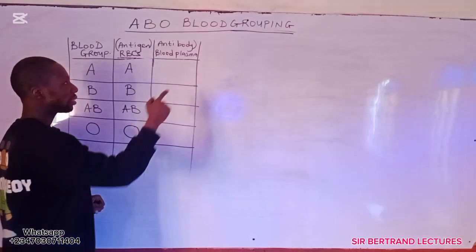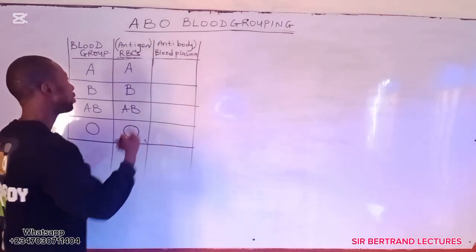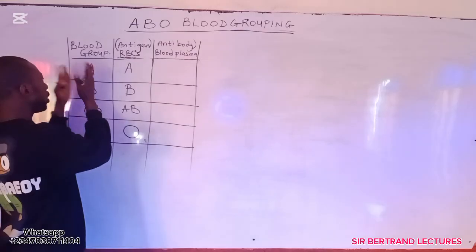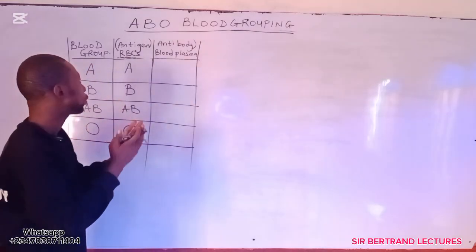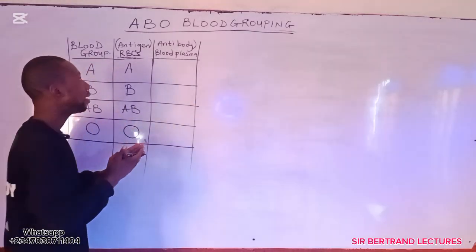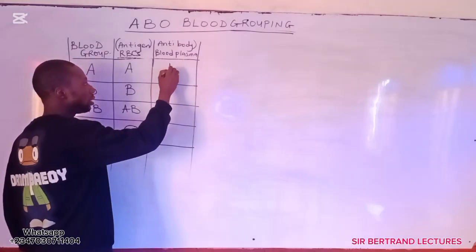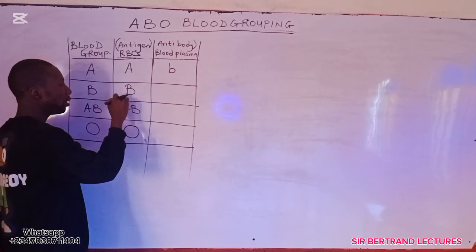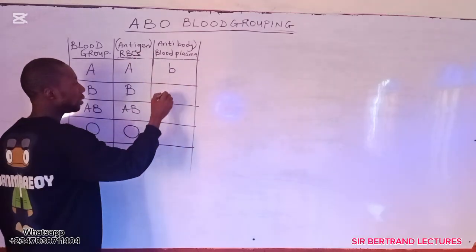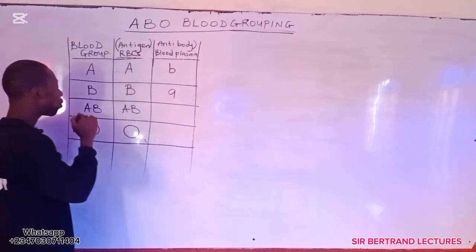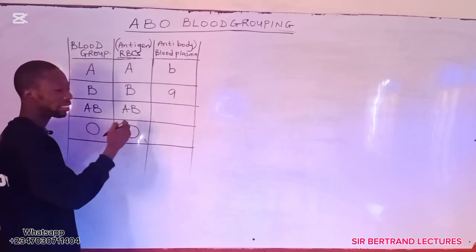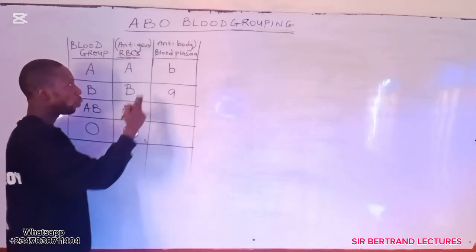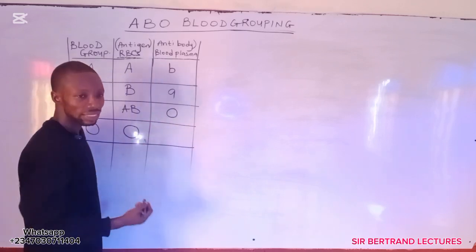Okay? Then Landsteiner, as I discussed earlier, states that if a person's blood is blood group A, as a result of antigen A, the antibody here will be antibody B. Then for blood group B that has antigen B, the antibody here will be antibody A. Then blood group AB, which is as a result of the presence of both antigen A and B, will not have any antibody.